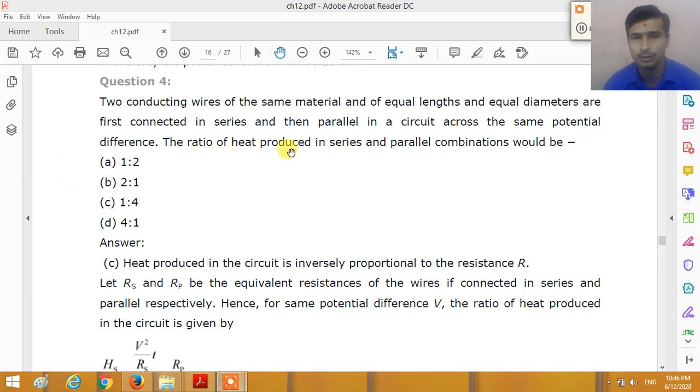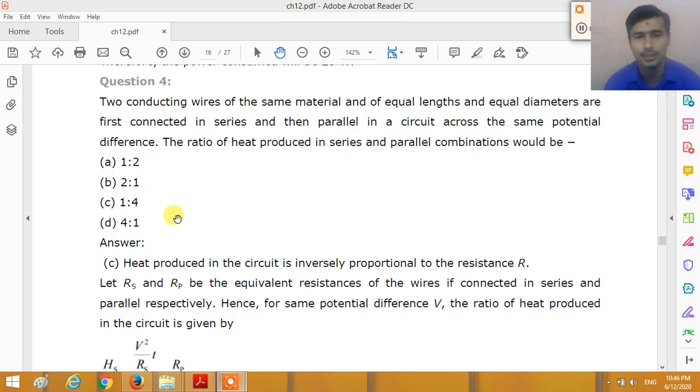The ratio of the heat produced in the series and parallel combination would be blank, right? The options are: 1 to 2, 2 to 1, 1 to 4 and 4 to 1, right?